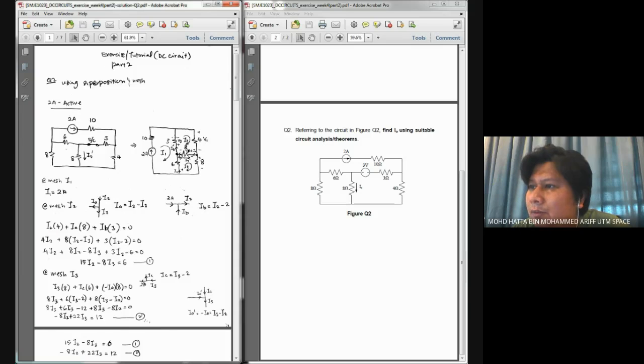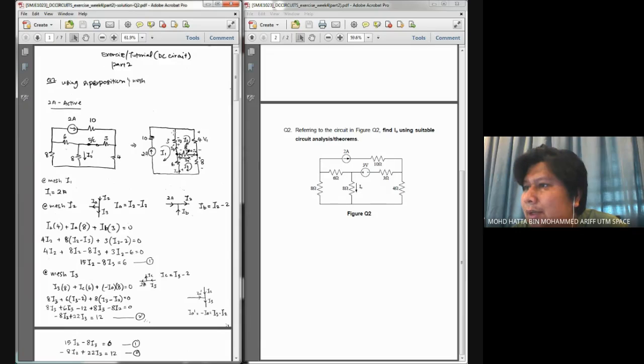The third voltage drop is at the 3 ohm resistor, so I label it as IB times 3. The current flowing through this 3 ohm resistor is basically the combination between I2 and also I1. So I would consider the junction at the top, at the middle top.